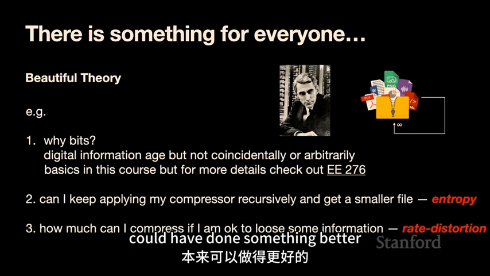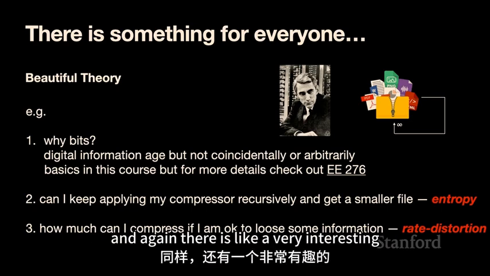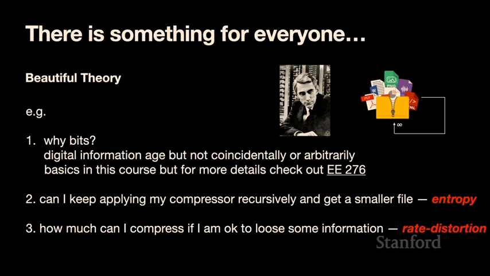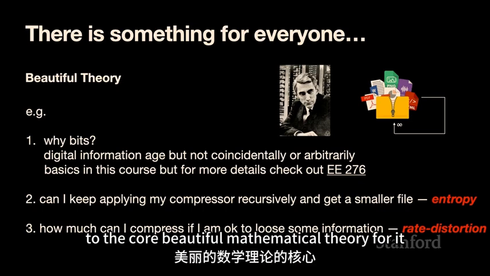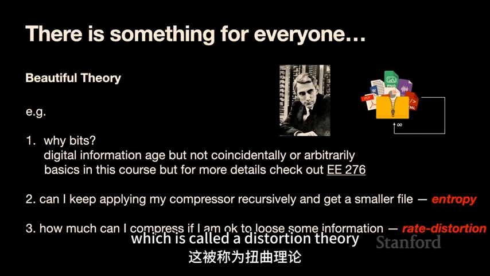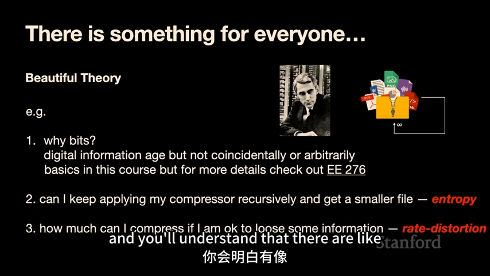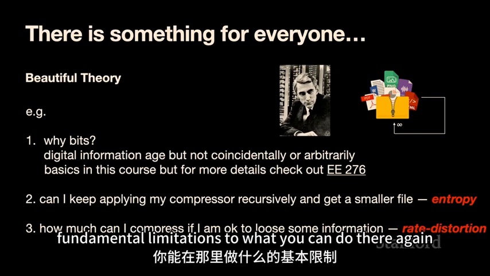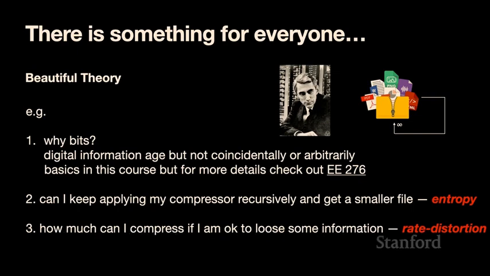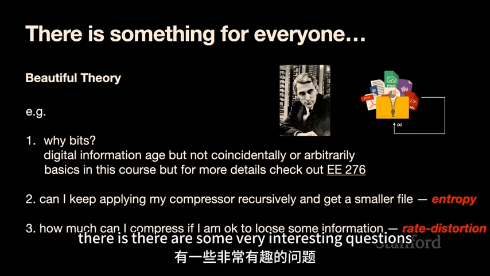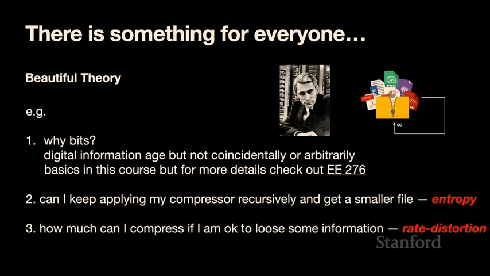Could I have done something better? And again, there is a very interesting, to the core, beautiful mathematical theory for it, which is called rate distortion theory, and you'll understand that there are fundamental limitations to what you can do there again. Okay? So if you are into theory, there are some very interesting questions which involve compression.